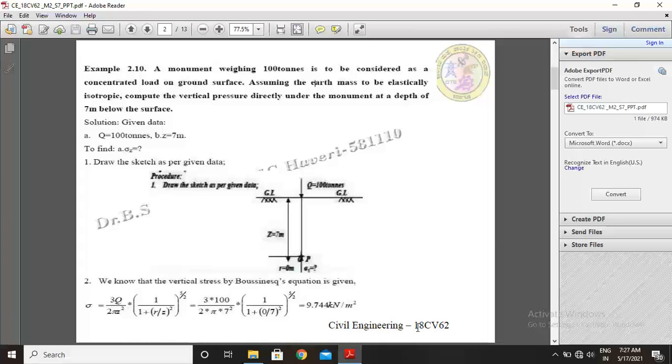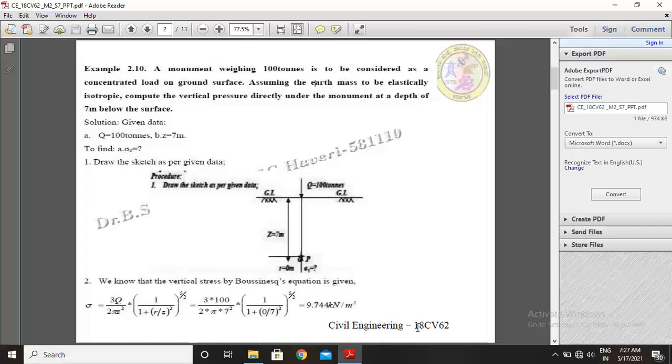So this is the given problem. For this problem, solution: you write the given data. Q is 100 tons, Z is 7 meter. To find sigma Z equal to how much?